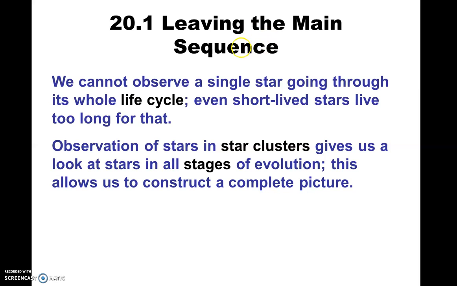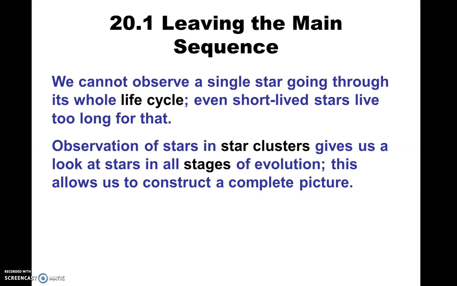All right. Here's another interesting observation that they're talking about here. One human life is maybe 75 years, 100 years if you're really lucky. So nobody can ever be around, and in fact, all of recorded human history is not even long enough for us to witness a single star, even the most massive star, going completely through its life cycle.